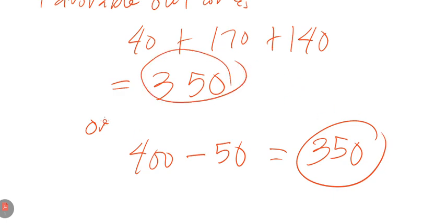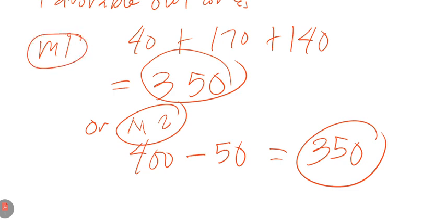Still the same. So that's method 2 and method 1. Now, moving on, we have all those answers, so we have that 350.